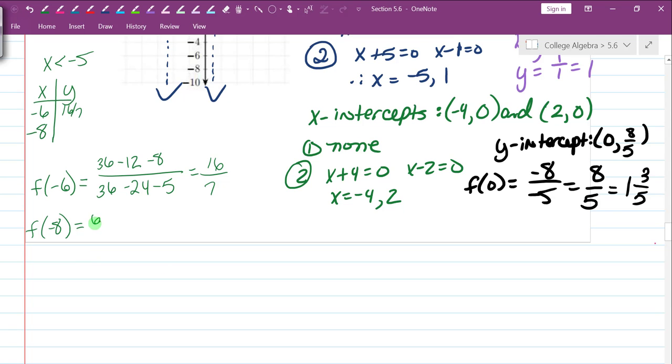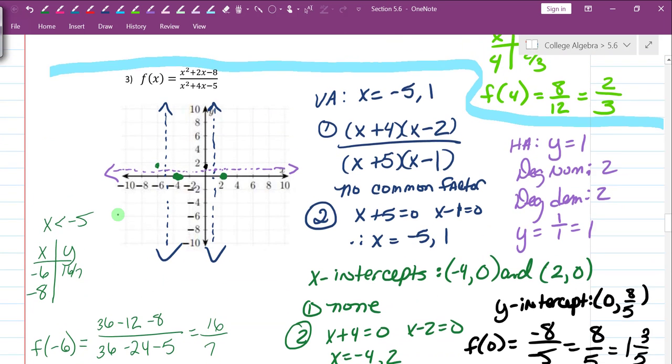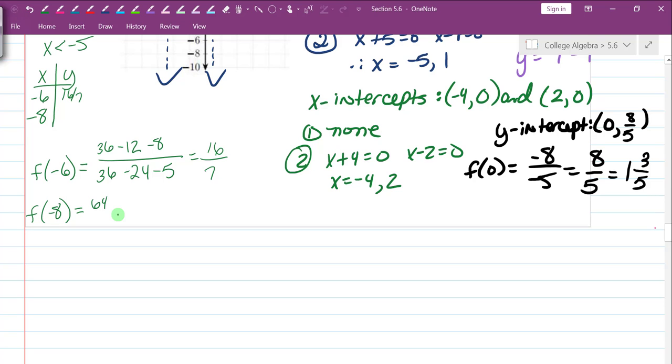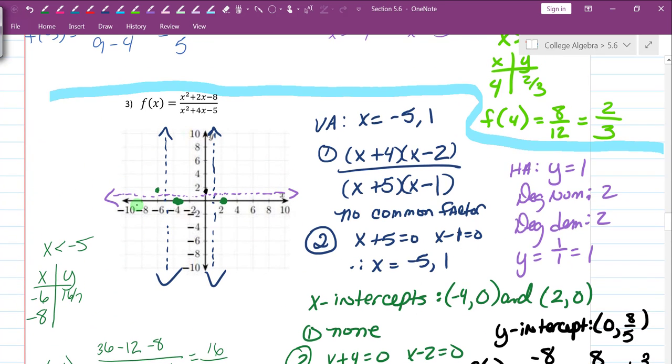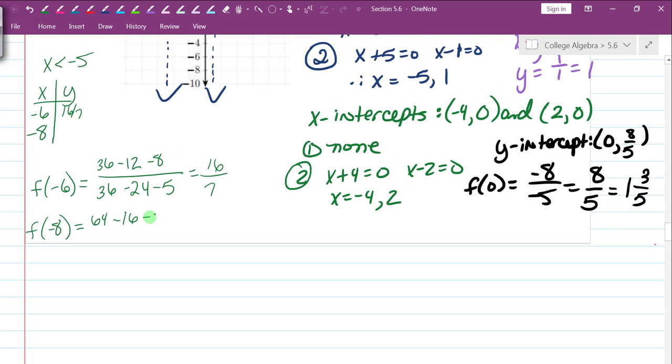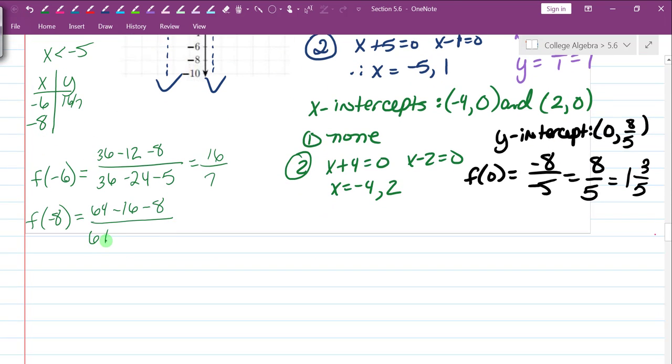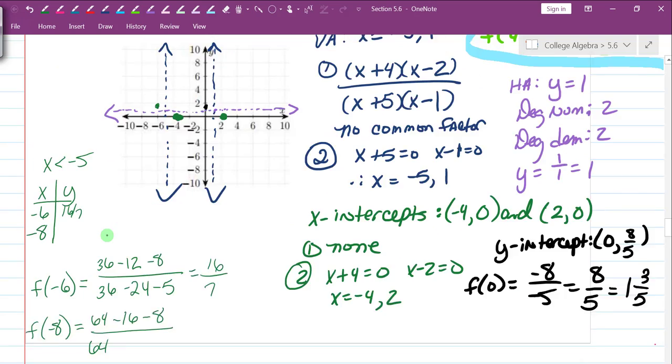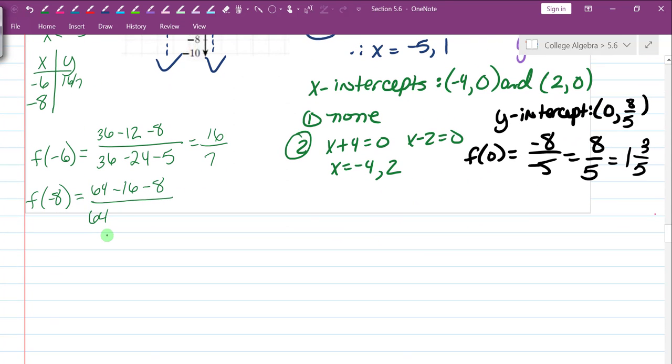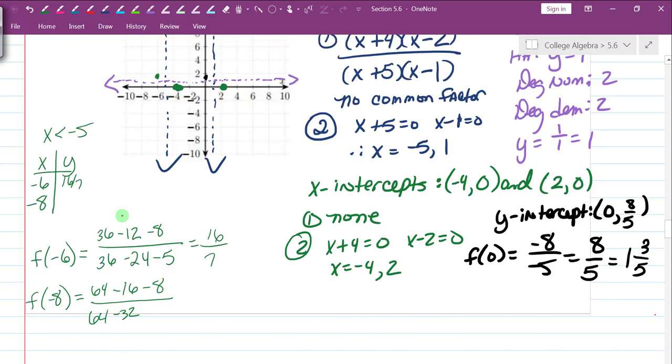And then negative 8 times 2 is negative 16, minus 8, divided by 64 again. And then 4 times 8 is 32, negative 32, because it's negative 8, minus 5.